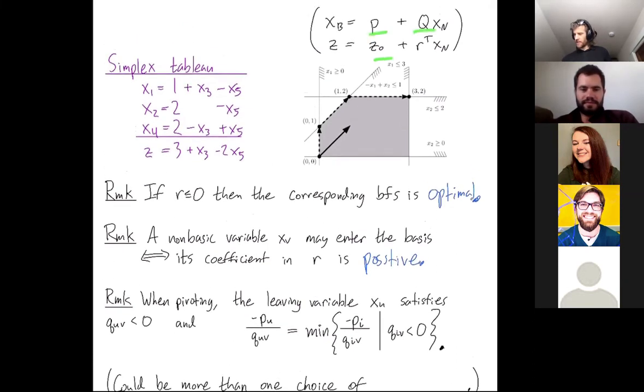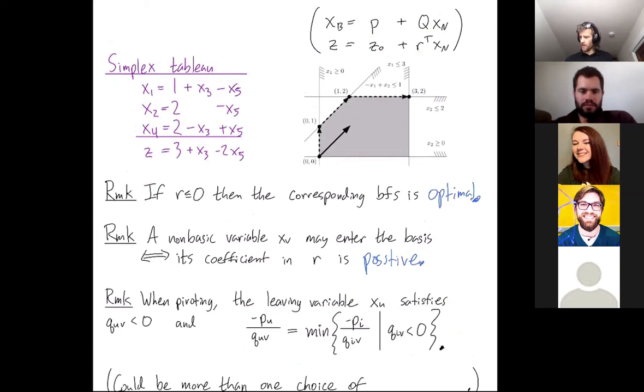P, Q, Z naught, R, those are just names. But this notation comes up a whole lot when people talk about the simplex method. When you pivot, so let's say we add in x3, you need to find your variable that leaves. So if we pivot to add in x3, some other variable is going to leave. And what is the variable that leaves here?